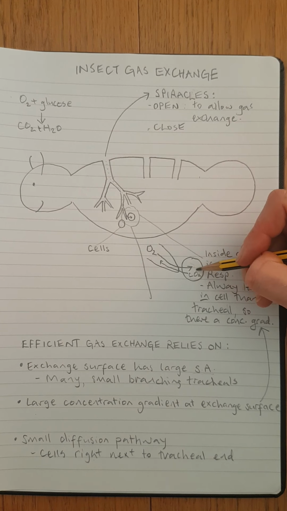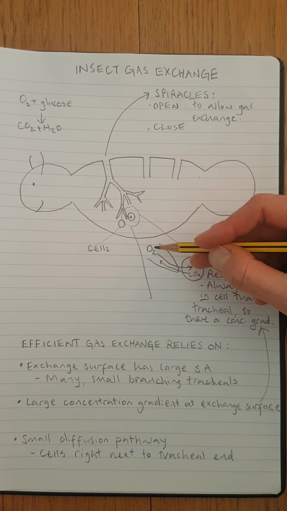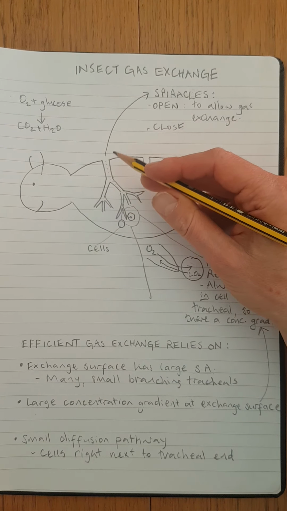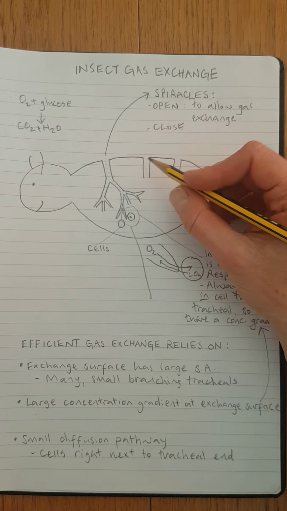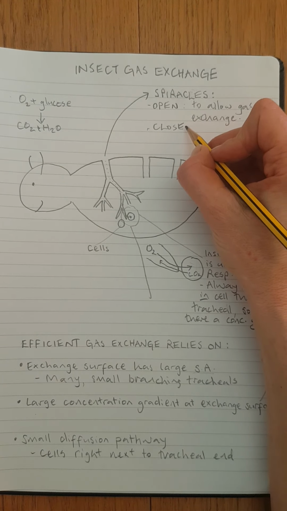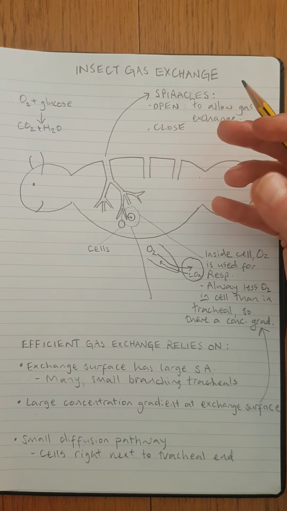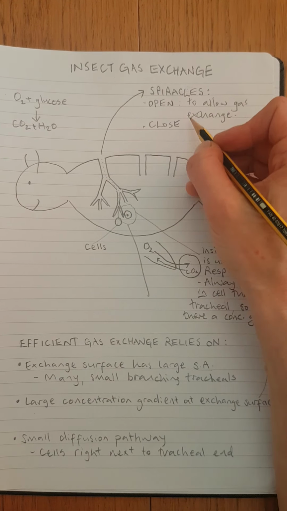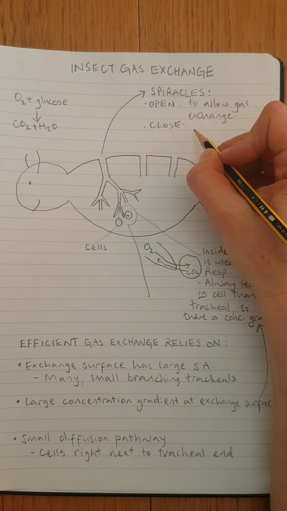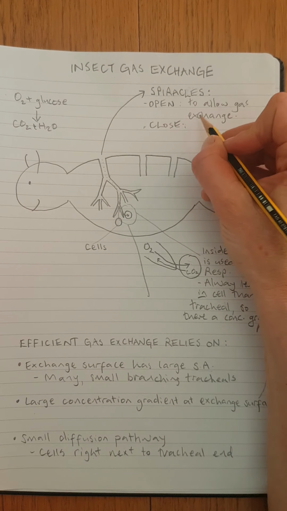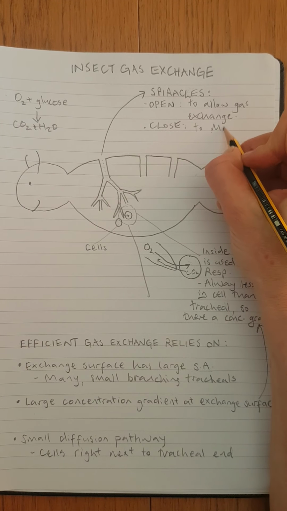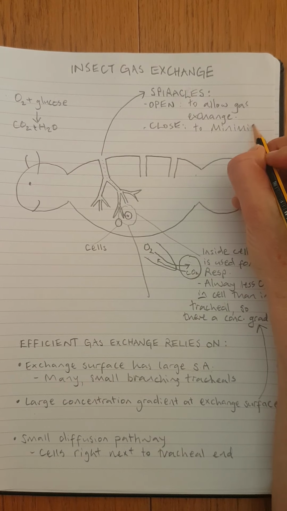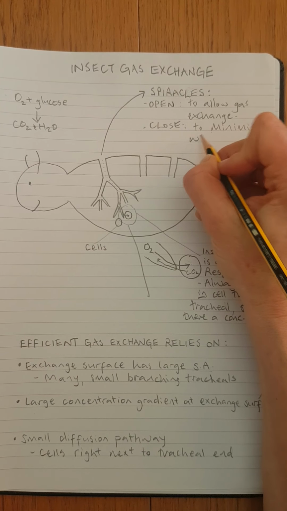So let's imagine that's happening here. The water vapour can then escape from the cell where it's in a high concentration, and it can enter the tracheals, and it can actually diffuse out of the insect's body. So the tracheals have to have some way of limiting how much water is lost from them. So the way that they do that is the spiracles can close, to minimise water loss.